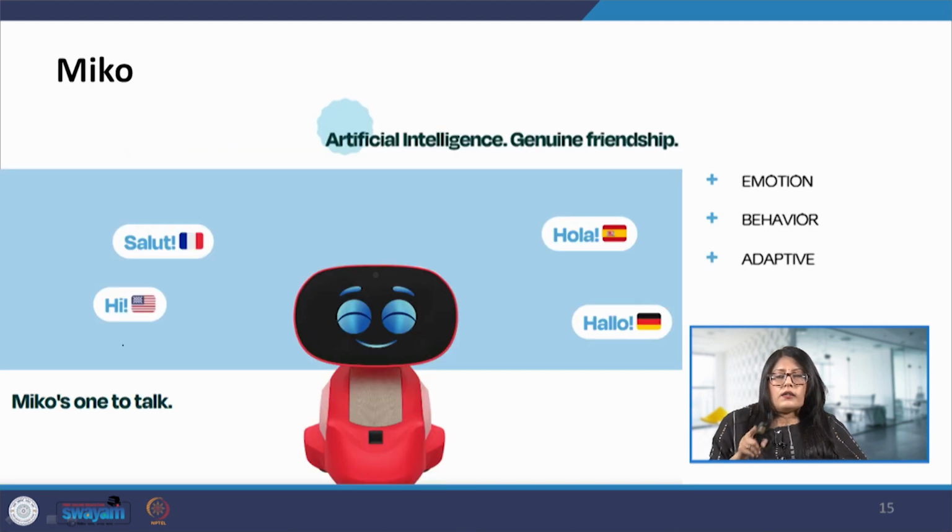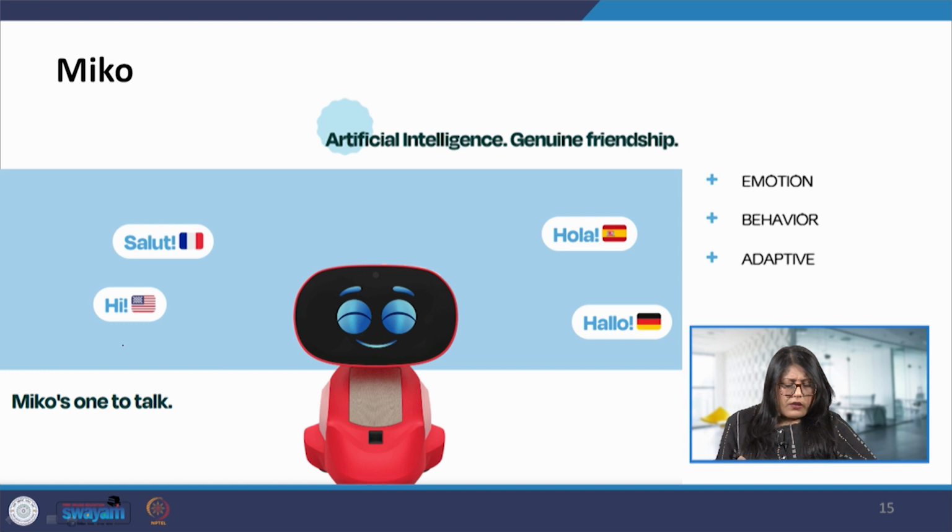On the other hand, this is another robot which is Miko. This is a robot which is mobile, so it follows along, and this is specifically catering to children between the ages of 5 to 10. It has an interactive screen where it displays teaching and learning material in a very playful manner. So, children get a very positive companion, in a way, we can say.